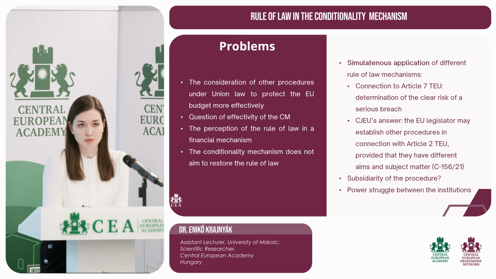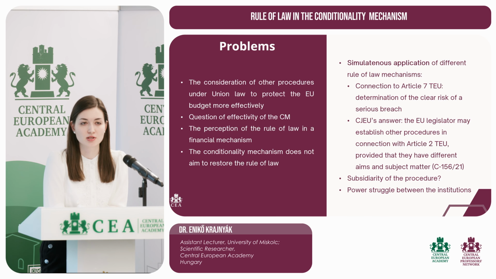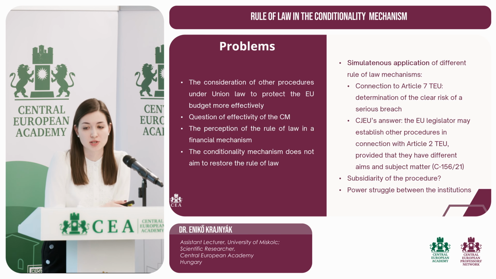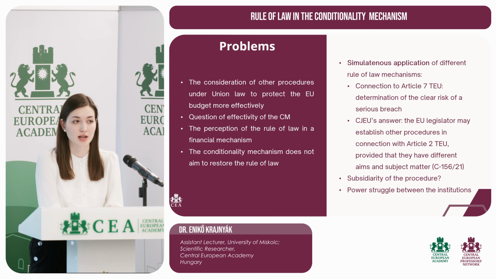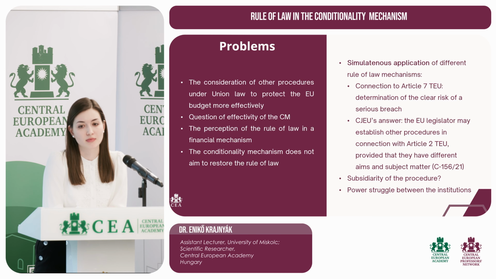Another question is the subsidiarity of the procedure that was also emphasized during the legislative procedure. And this leads back to the first question, the consideration of other procedures under Union law to protect the EU budget, and how this subsidiarity appears. Subsidiary to what, actually? Subsidiary to the Article 7 procedure, or subsidiary to other financial procedures that were not triggered?